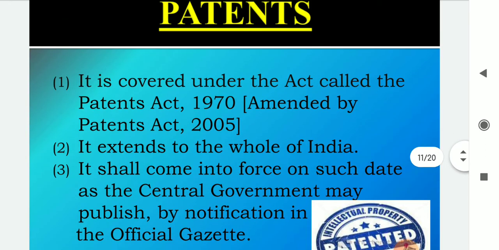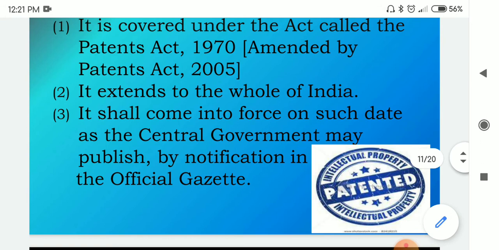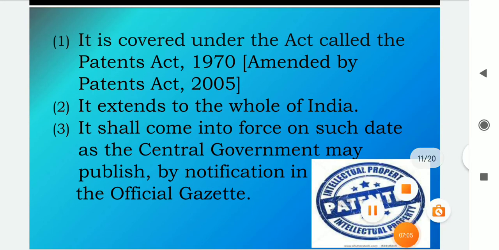It is the introductory part. Patent. It is covered under the act called Patent Act 1970, amended by Patent Act 2005. It extends to the whole of India.